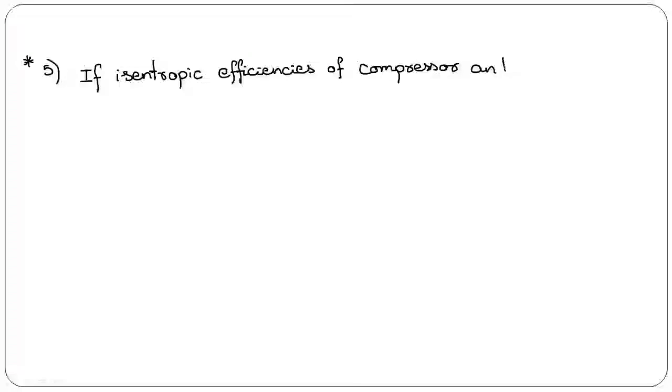If isentropic efficiencies of the compressor and turbine are given, then what happens?